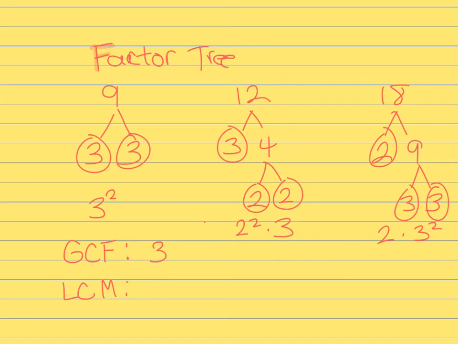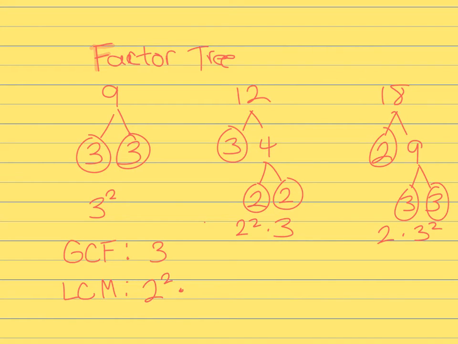So we're going to use every factor and take the highest power of that factor. So if we look at this, there's a 2 here, and then there's a 2 squared here. So we're going to take the highest power, so we'll take the 2 squared. So our LCM will start off with that. And then we look at the 3's. We have a 3 squared here, a 3 to the first power, and a 3 squared there.